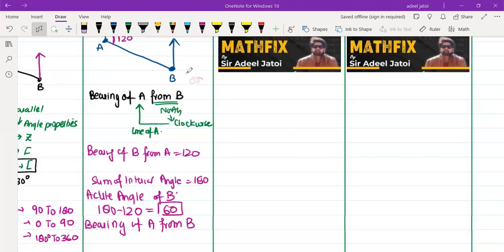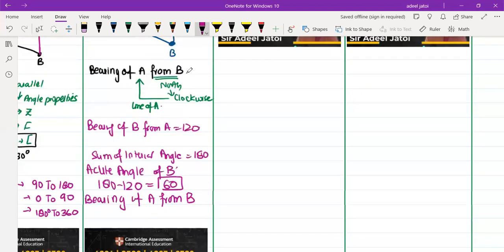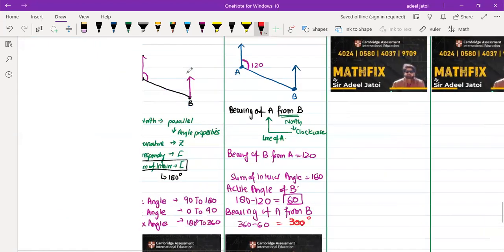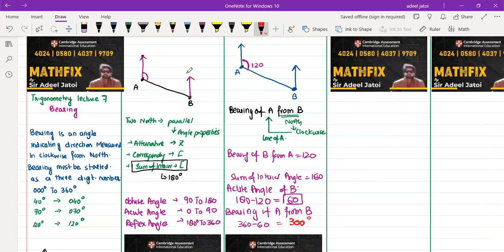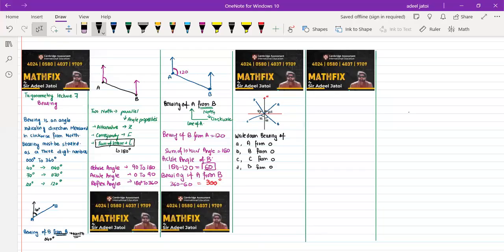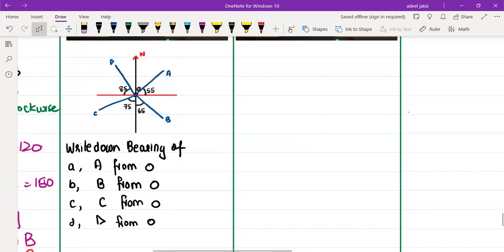So that means we can write this down as bearing of A from B is 360 minus 60. So the answer of bearing should be 300 degrees because it is your reflex angle for this particular question. So let's just do an example question of bearing.